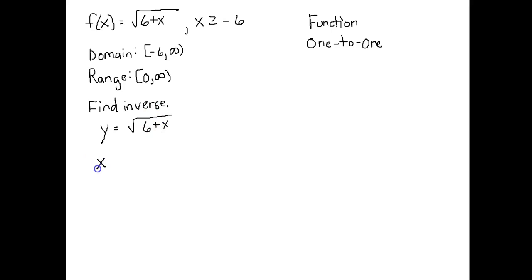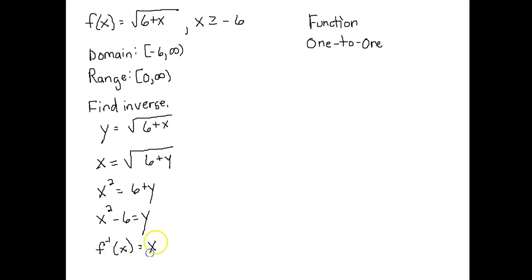And then we'll swap the x and y. Let's see, solve for y. So we need to square both sides. Subtract 6 from both sides. And then use the inverse function notation instead of y.